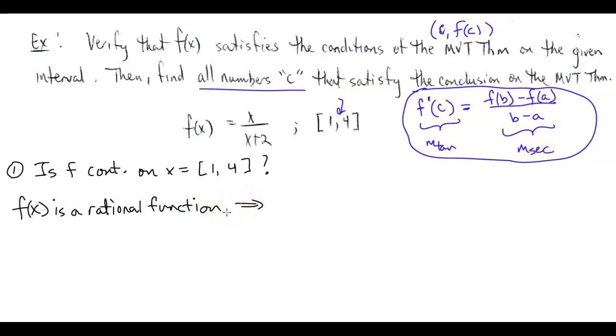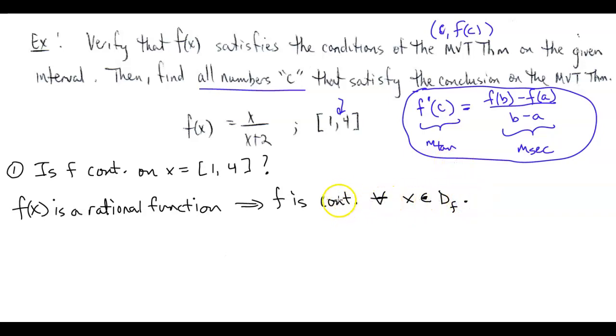Well, one of the things that we know about rational functions is that they are continuous everywhere in their domain, okay? So that means f is continuous. And this symbol here means for all values of x that belong to its domain. And I'm just going to call d sub f the domain of f.